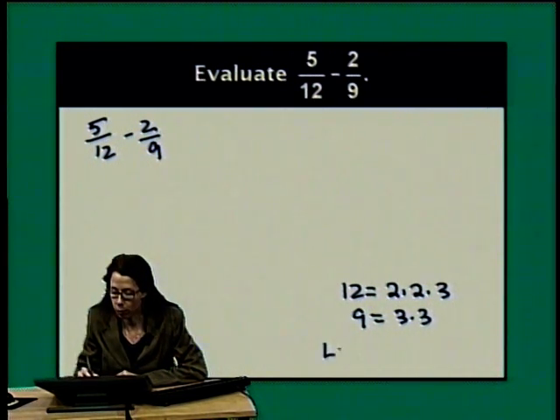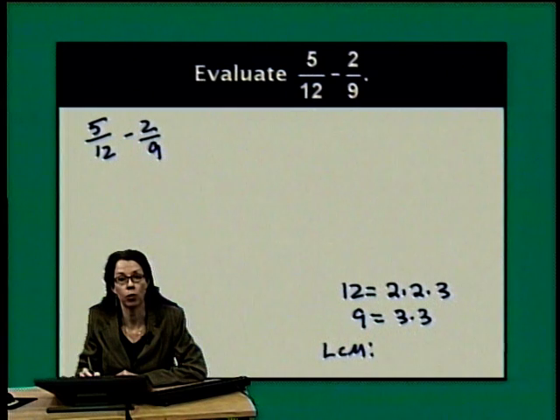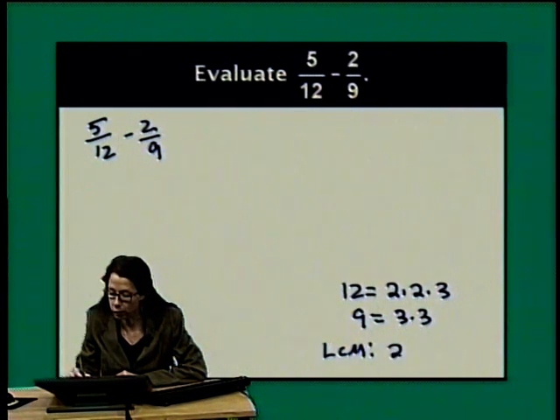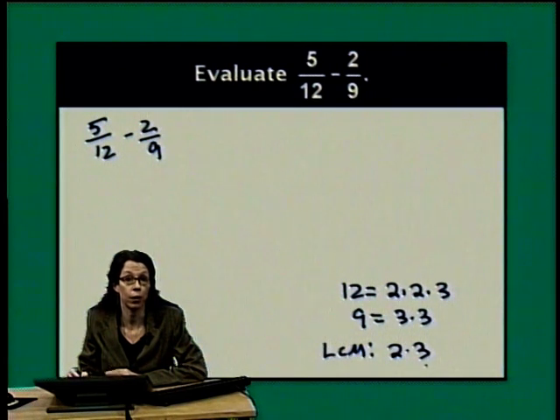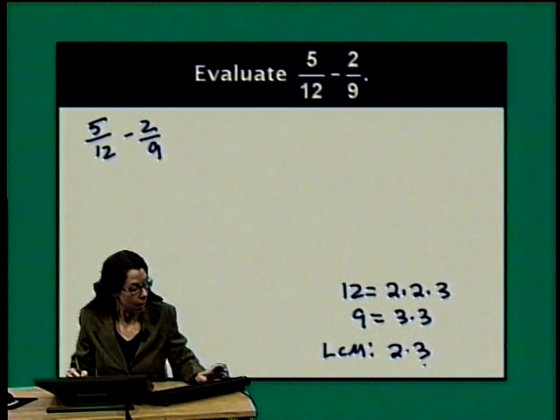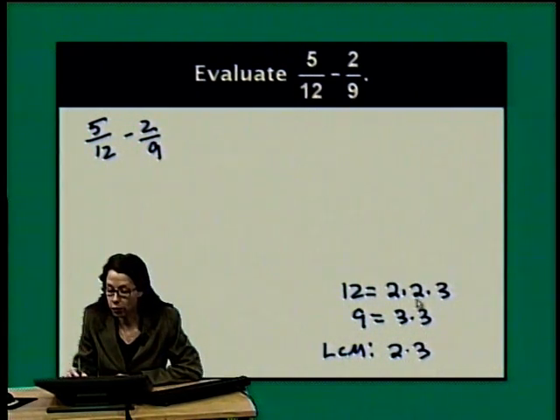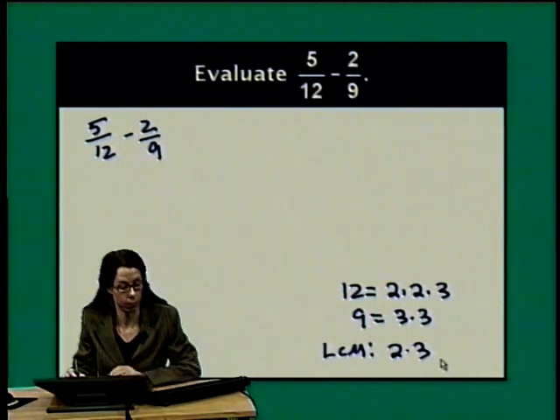So let's think about what we're going to use for a least common multiple. We need a factor of 2 and a factor of 3 because 2 and 3 are the primes occurring in the factorizations. Now we have 2 factors of 2 in our first factorization. We need 2 factors of 2 in the least common multiple.